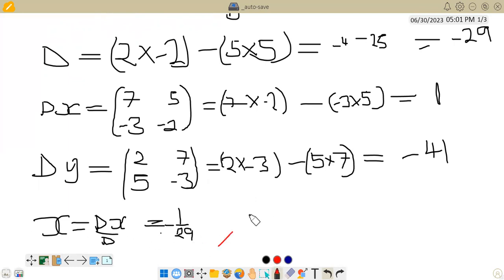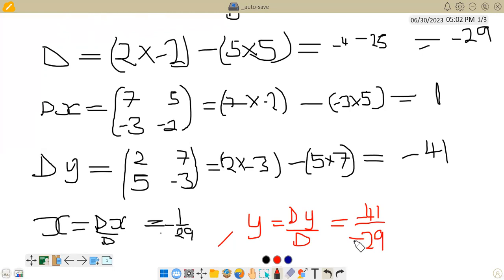While y, we said is dy over d. Now we have found that our dy is negative 41, while our d is negative 29.